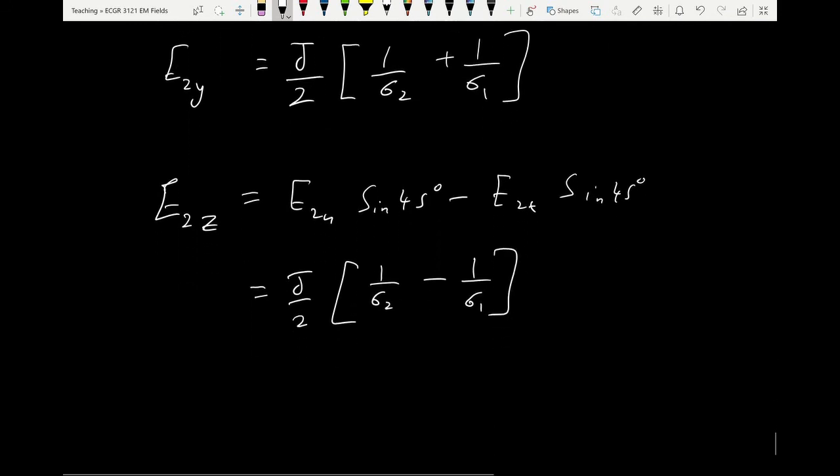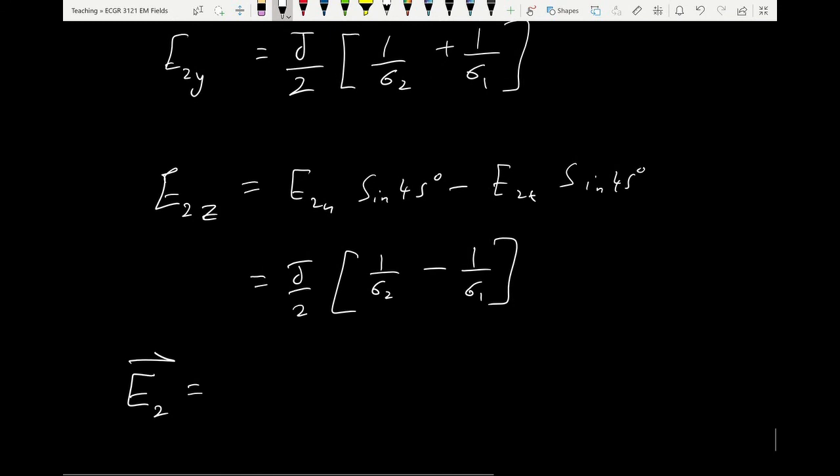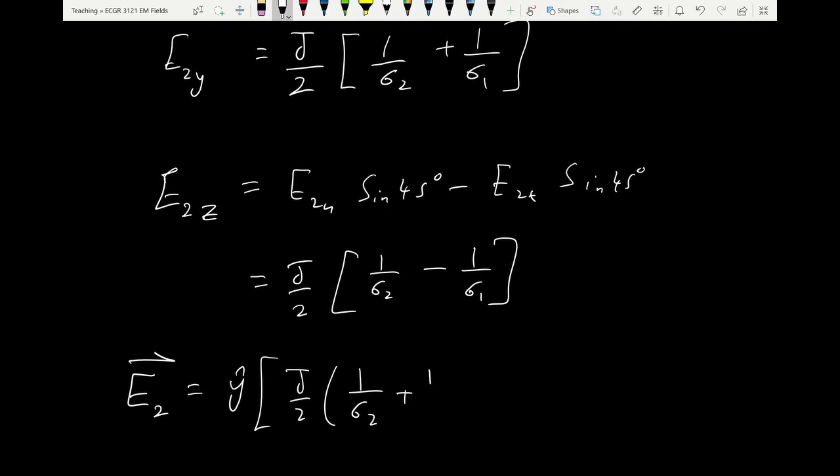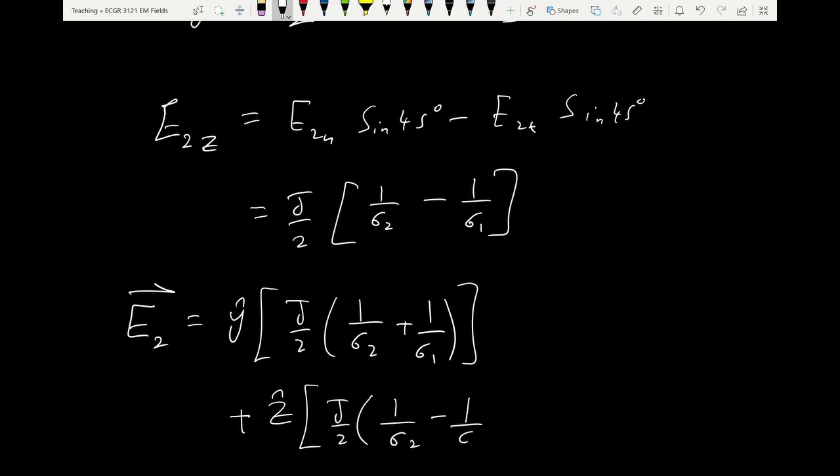Okay. So the vectorial form of the electric field after the interface is going to be y hat J over 2 (1 over sigma 2 plus 1 over sigma 1) plus z hat J over 2 (1 over sigma 2 minus 1 over sigma 1).